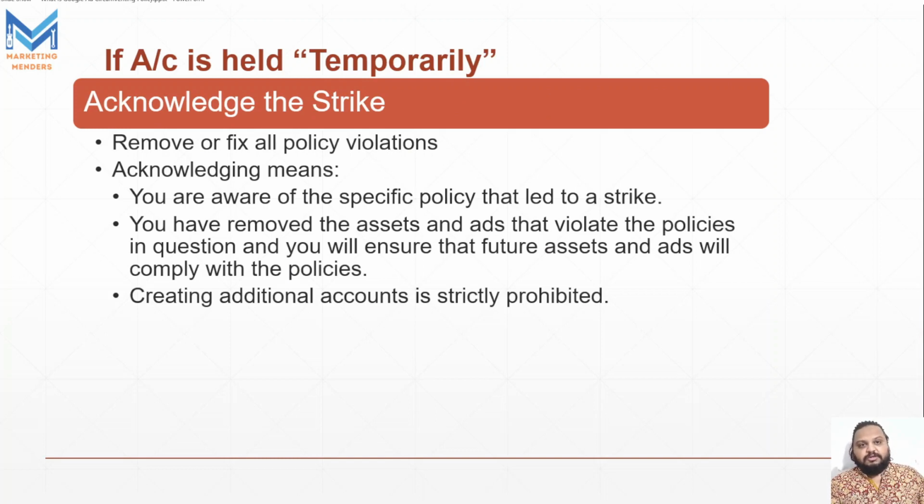Before acknowledging, you should remove all the policy violations. Maybe there is a problem with your landing page. Google has identified that you have created 2 different landing pages of your website. Maybe there is a problem of redirect. Maybe there is a problem of duplicate content on your website. So first of all, remove that error.